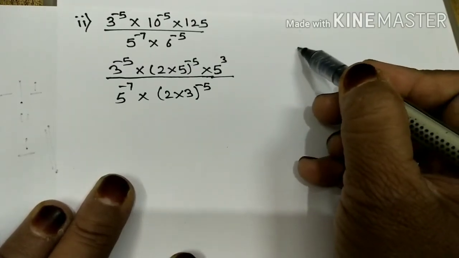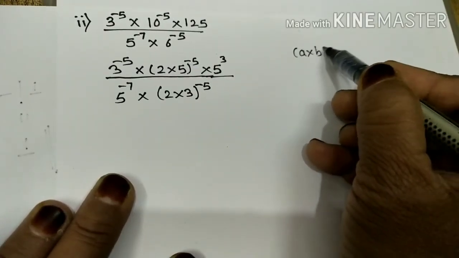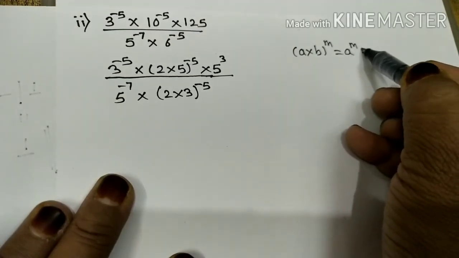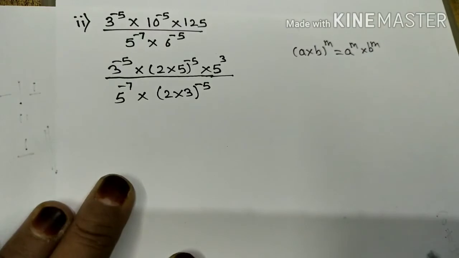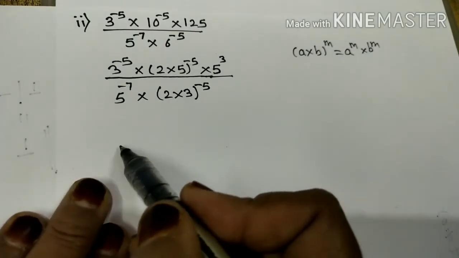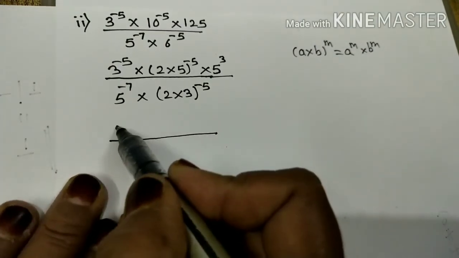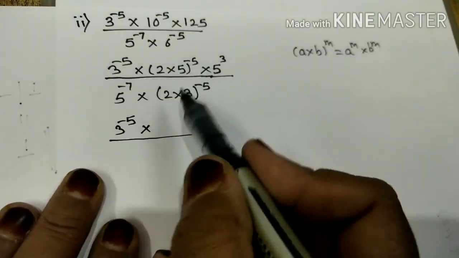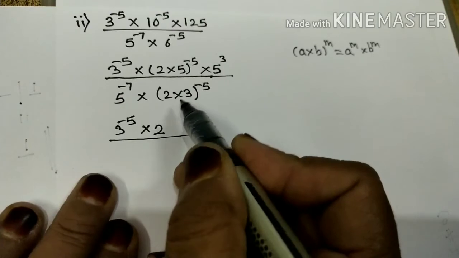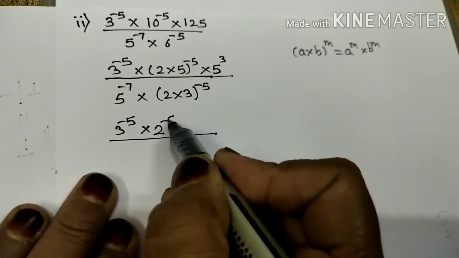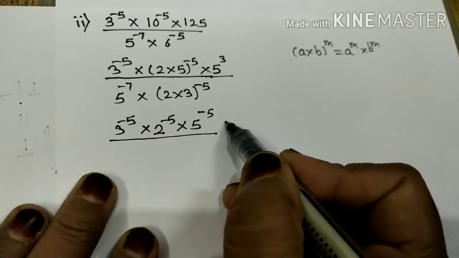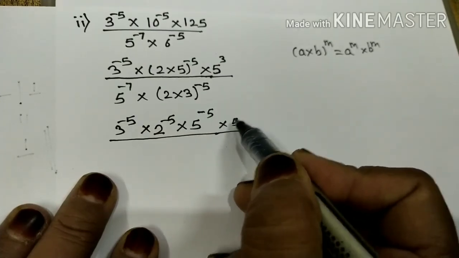Now here we'll use this law, a into b raised to m is equal to a raised to m into b raised to m. Therefore here 3 raised to minus 5 into, now this minus 5 comes to this 2 as well as 5. 2 raised to minus 5 into 5 raised to minus 5 into 5 raised to 3.